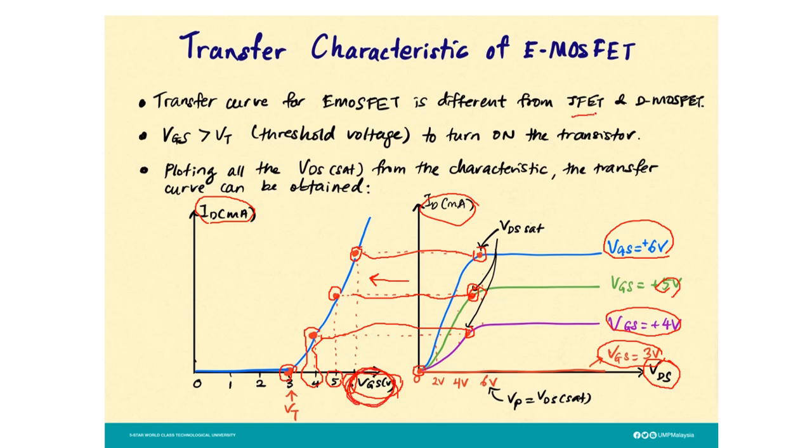The JFET curve starts from negative VGS to positive VGS, and the DMOSFET starts from negative VGS and it can be at positive VGS too. These two have a similar curve. However, the EMOSFET here is different.